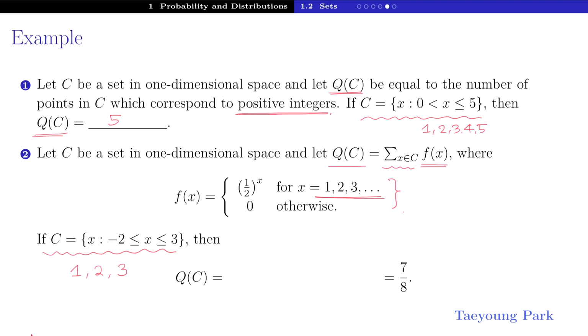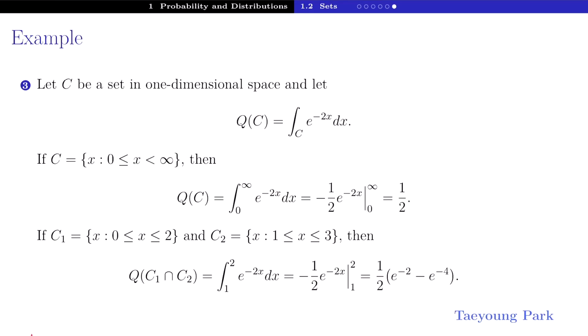So this q of C will be 1/2 when x is equal to 1, plus 1/2 when x is equal to 2, plus 1/2 when x is equal to 3, and it becomes 7/8.